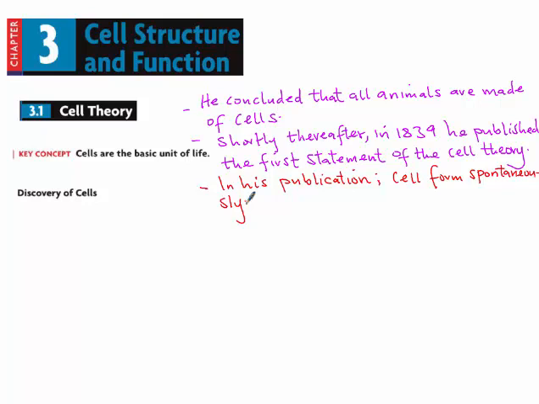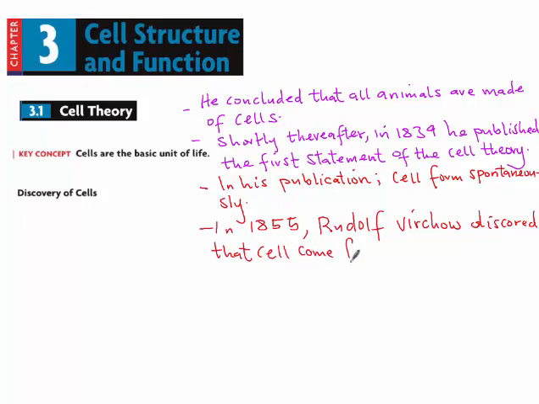So later it was discovered by another scientist, in 1855, Rudolf Virchow, that cells really come from other cells.